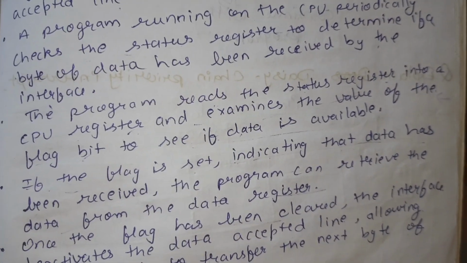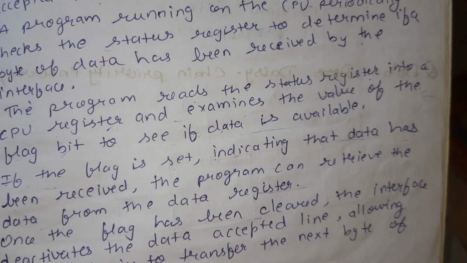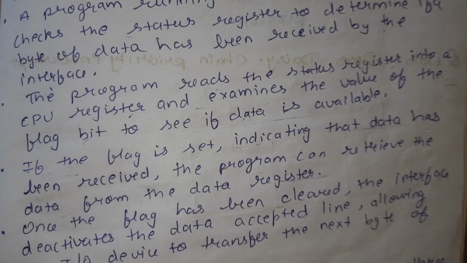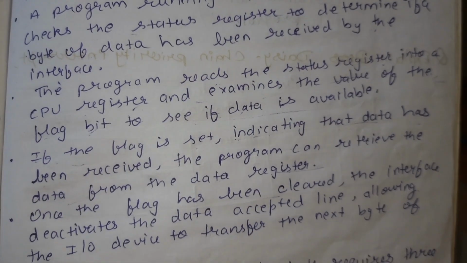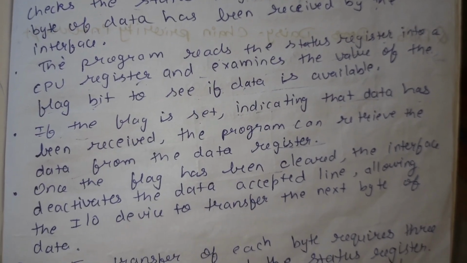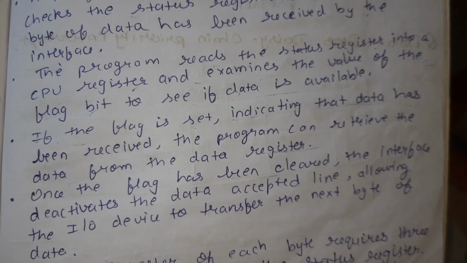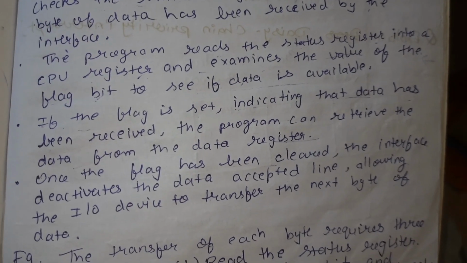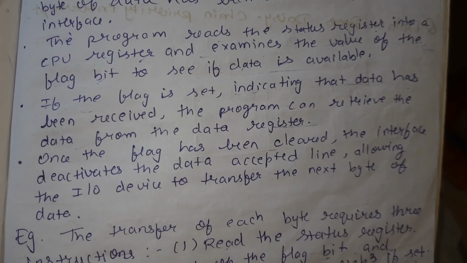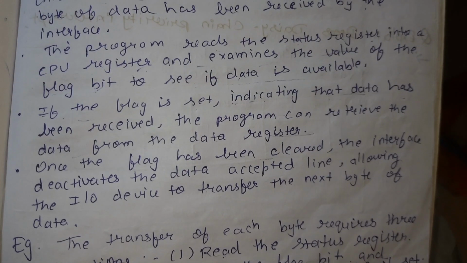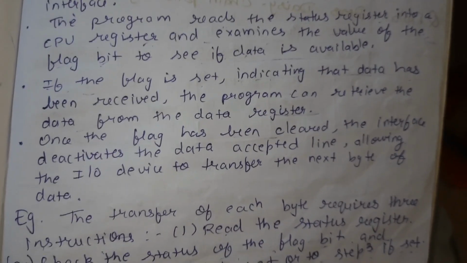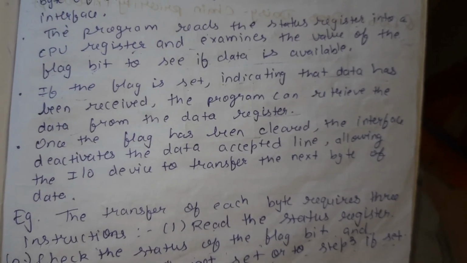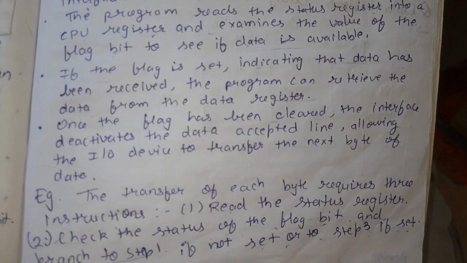The program reads the status register into the CPU and examines the value of the flag bit to see if data is available. If the flag is set, indicating that data has been received, the program can retrieve data from the data register. Once the flag is cleared, the interface deactivates the data expected line, allowing the input output device to transfer the next byte of data.